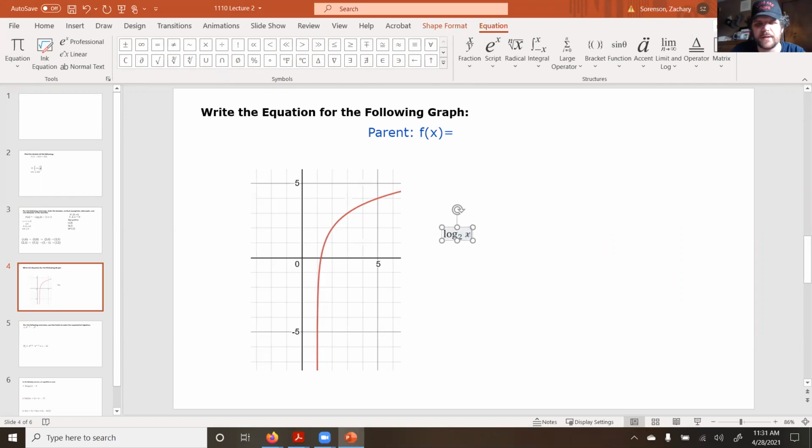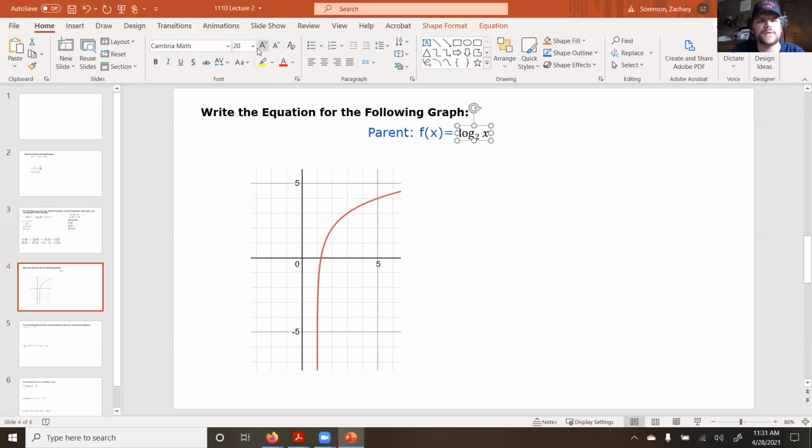Right, because otherwise you're going to have to guess a little bit. I guess there isn't a technical way to do it, but it's that general shape. A logarithmic graph is always going to have a swoop like what we see here, or maybe a swoop in the opposite direction.